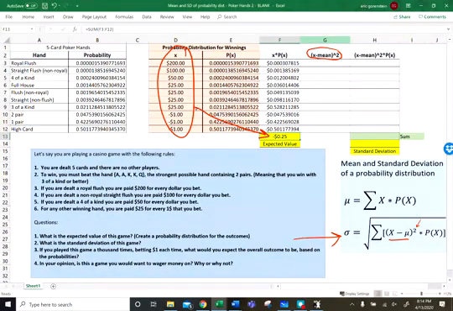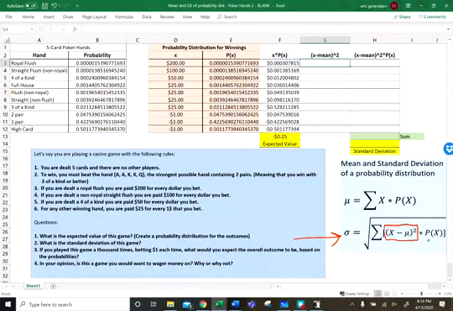Okay, so let's do it once here, and then we'll drag it down and let Excel do the rest of them for us. Okay, so up here in cell G3, let's just type in exactly what we want. We want the x minus the mean quantity squared.